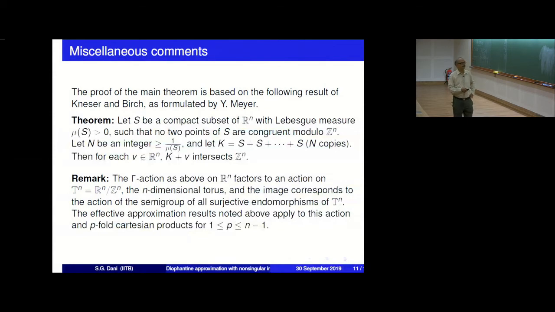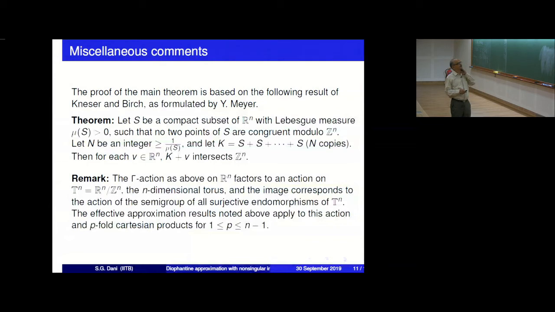So a compact subset in which no two distinct points differ by non-zero integral elements. Now take n to be the integer exceeding 1 over mu(S). Notice that it is a compact set and no two elements are congruent modulo integers, which will tell you that mu(S) has to be strictly less than 1.